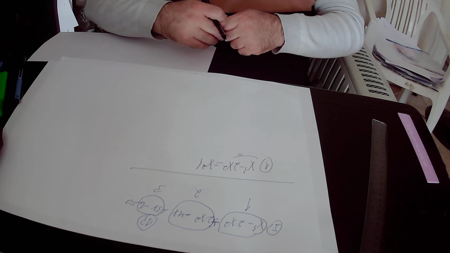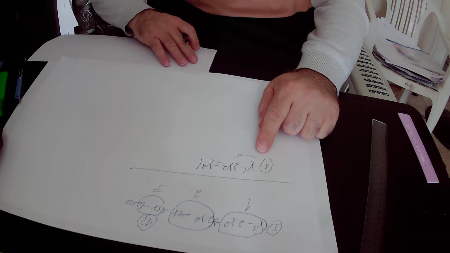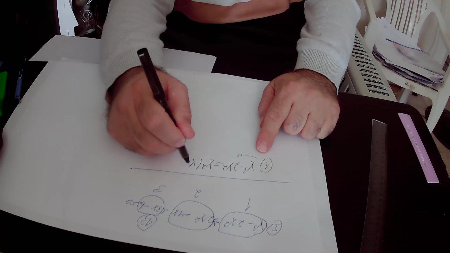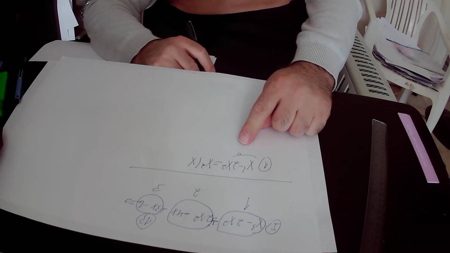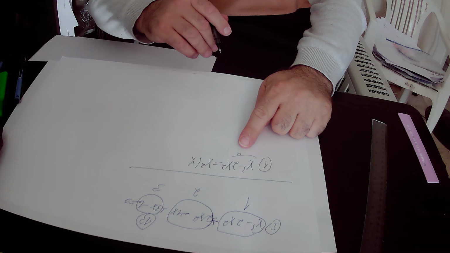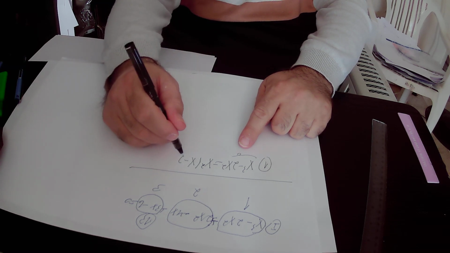So what is left from x cubed after we took x squared as a common factor? It is actually x. And what is left from minus 2x squared after we took x squared as a common factor? It is actually minus 2.